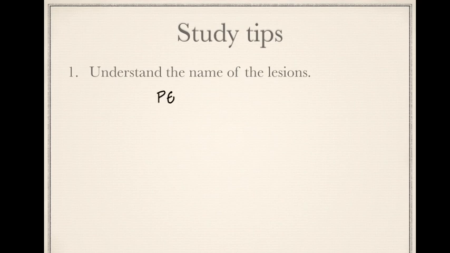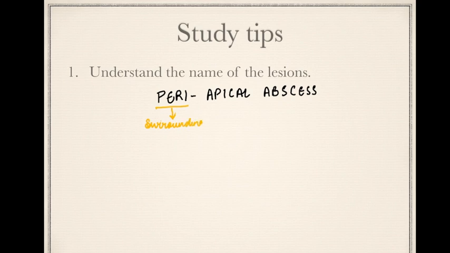Suppose periapical abscess. Now let's understand why is this lesion named so. First, what does peri mean? Peri means surrounding. Apical, over here, refers to the apex of the tooth root.